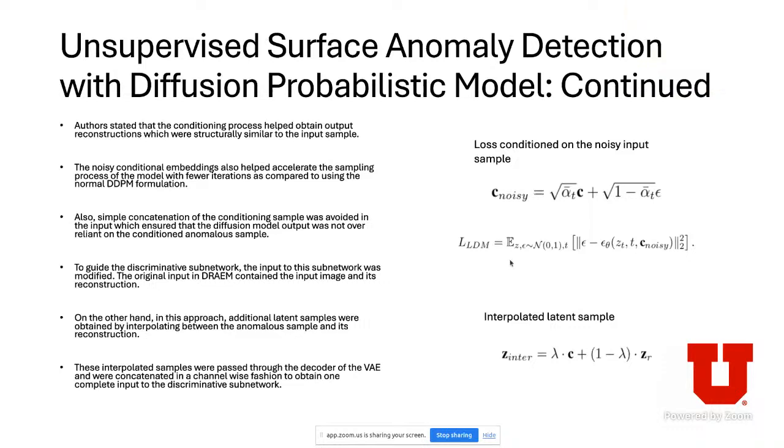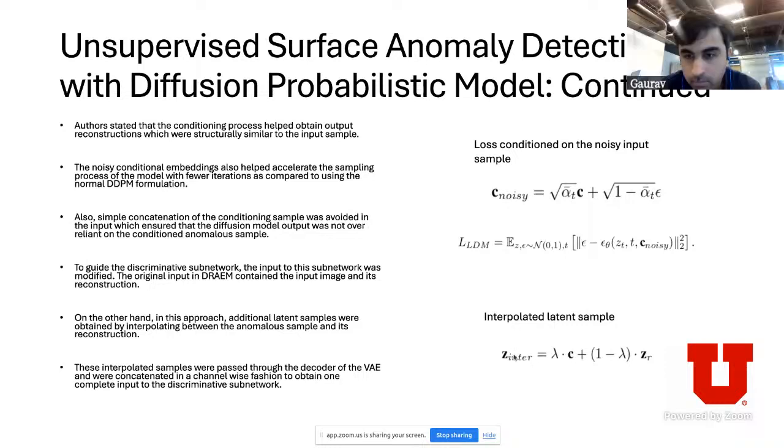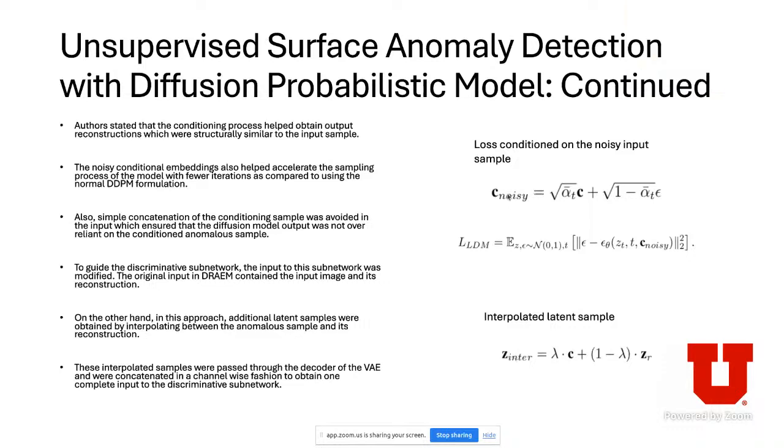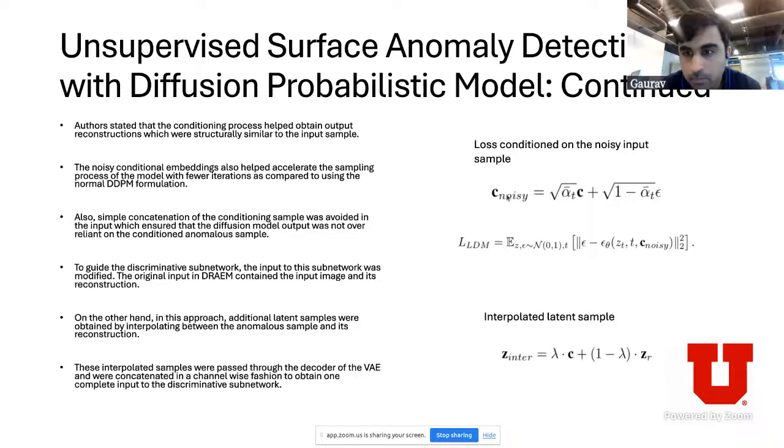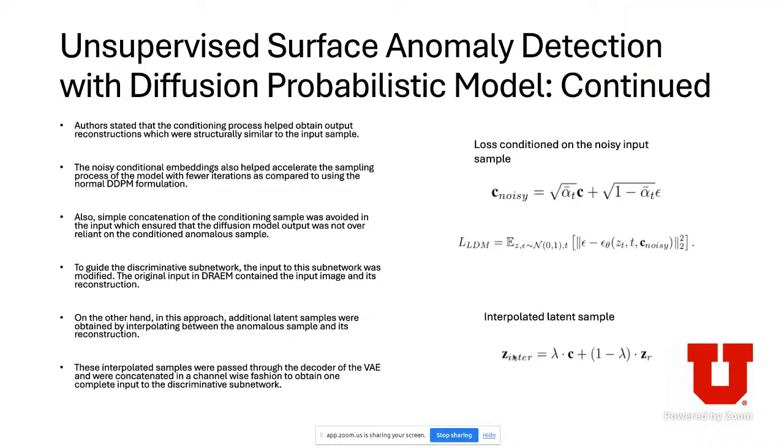So where does the Z_inter play in this loss? I see that in your training process, C noisy comes from some noisy image over the input sample, right? And you could also have a Z_inter, right? Like you actually replace the C noisy by Z_inter.